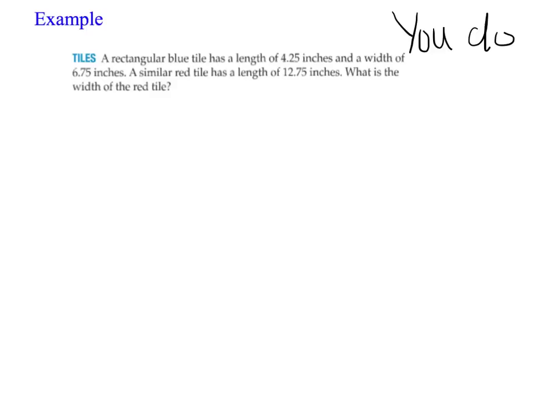Okay, so we've got a blue tile and a red tile. And these are similar. Oh, I didn't make those very similar, did I? But you can get the idea. Let's see, this has a length of 4.25 for a blue and a width of 6.75.